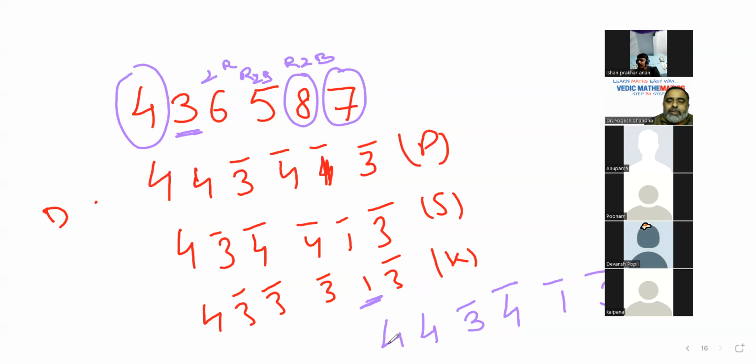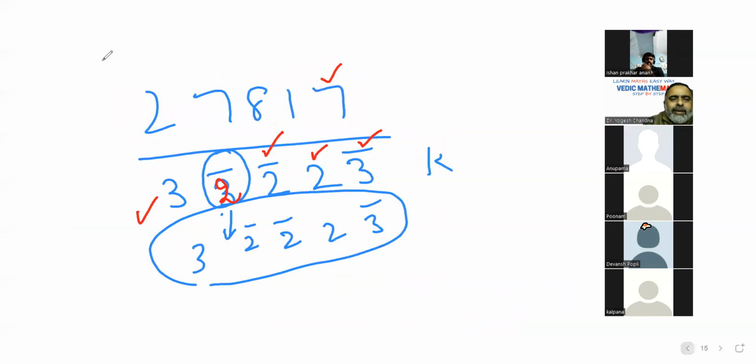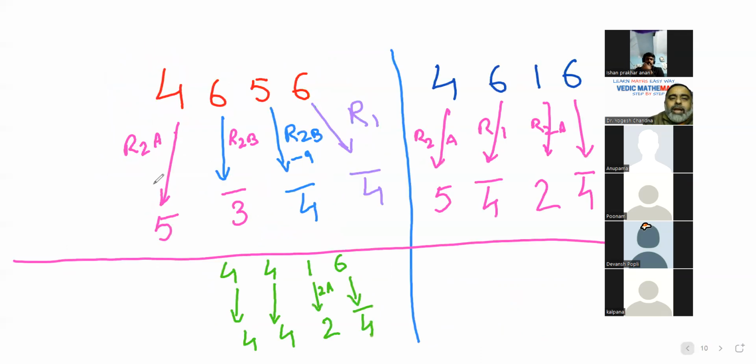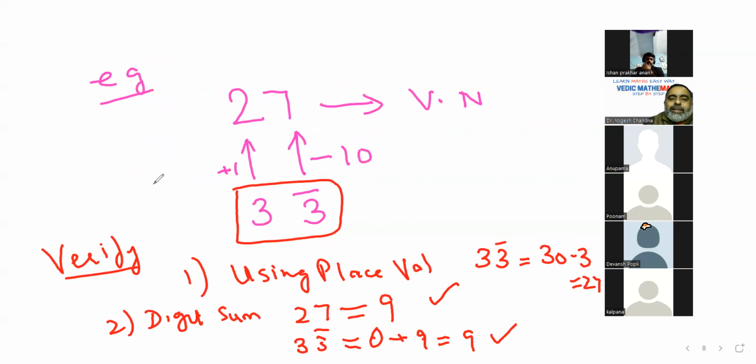Now, before this, you observe that whatever number I was giving, the rightmost digit was less than 5. Check, every number we gave was less than 5. Only one Poonam asked, and we were not doing it that time. Now we'll do it. So now we come to the third rule.